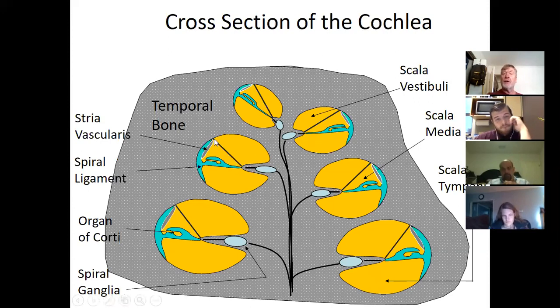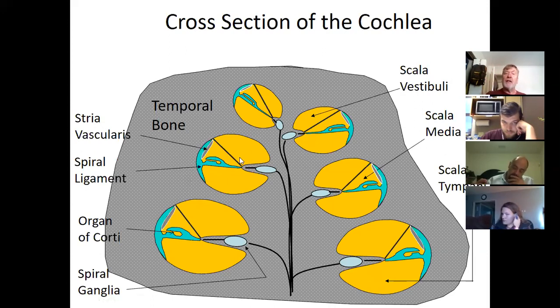This here, the black line, that's called Reissner's membrane. R-E-I-S-S-N-E-R-S, Reissner's membrane. So if we look at the three borders of the scala media, it's Reissner's membrane, basilar membrane, spiral ligament. Those would make the borders of the scala media.